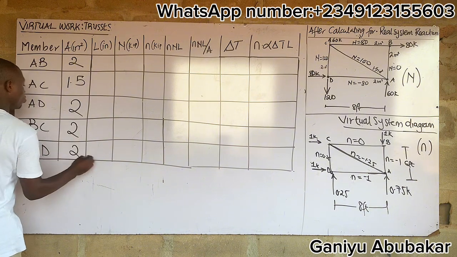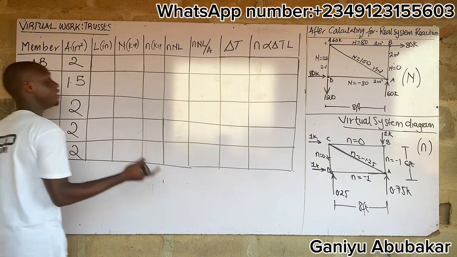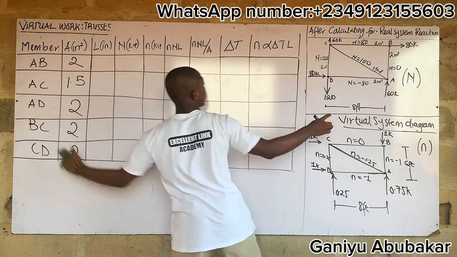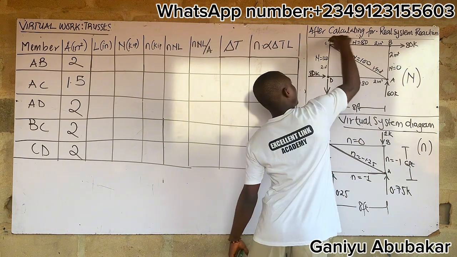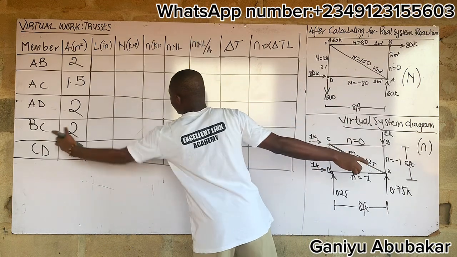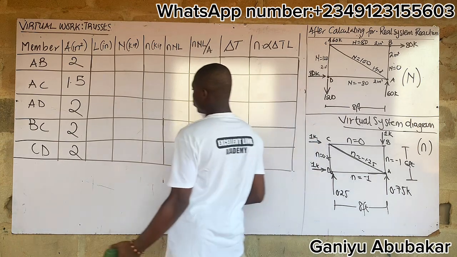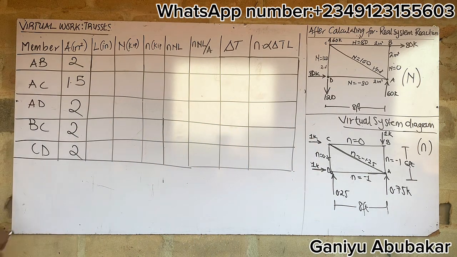AD is 2. What next? BC, check. BC is 2. DC, CD, I have DC is what? 2. So I have 2 there. I'm done with my area.